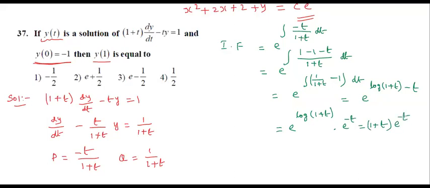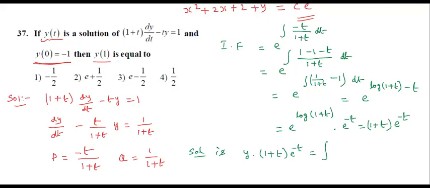This is the integrating factor. Now write the solution of the linear equation. How to write the solution, students? Y into integrating factor, 1 plus t e power minus t, is equal to integration q.